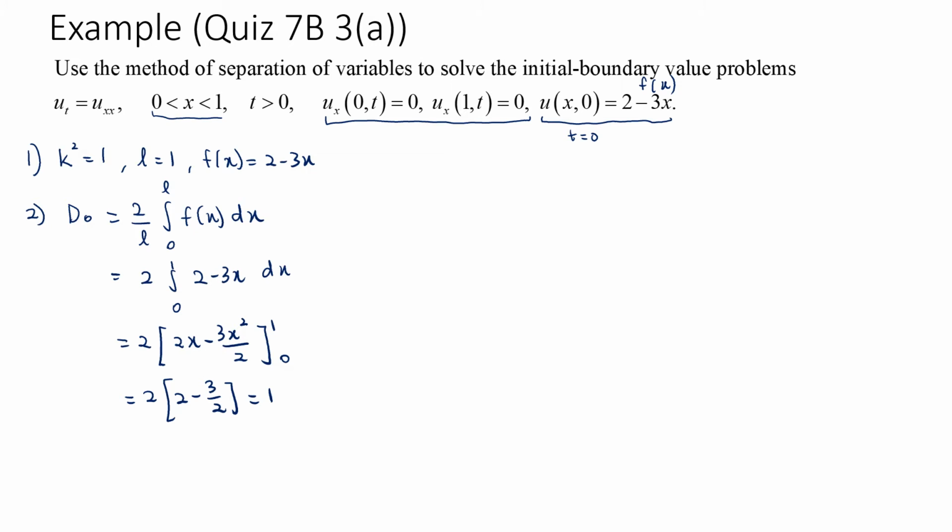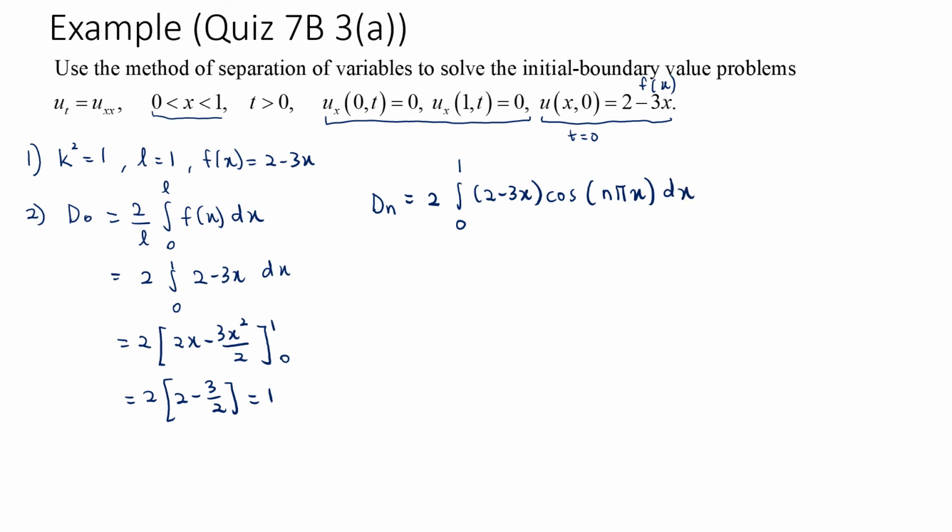Now we proceed to finding dn, where dn is 2 over L times the integral from 0 up to L of f(x) times cos(n pi x over L) dx.